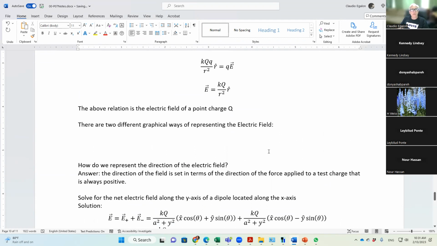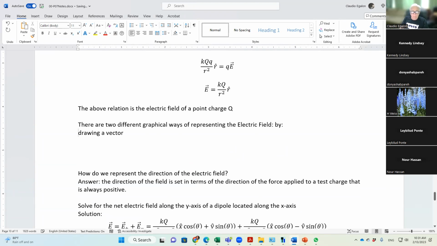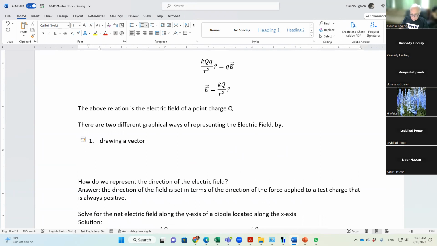There are two different graphical ways of representing an electric field. One, by drawing a vector: the longer the vector, the stronger the electric field is.